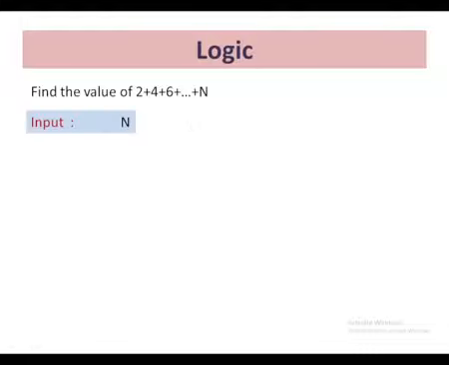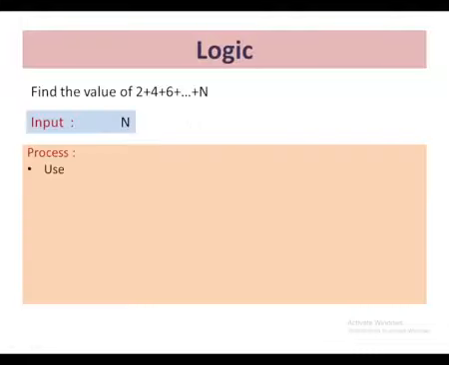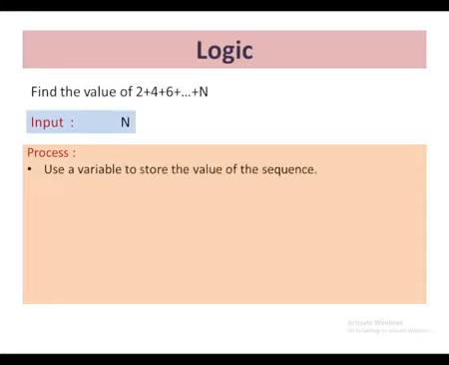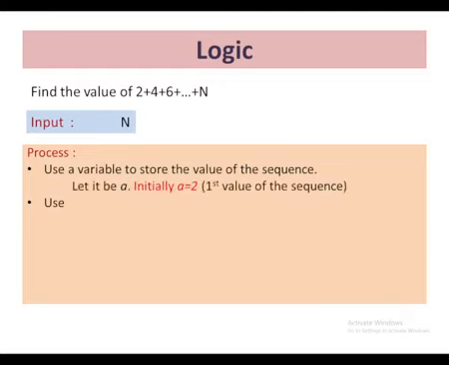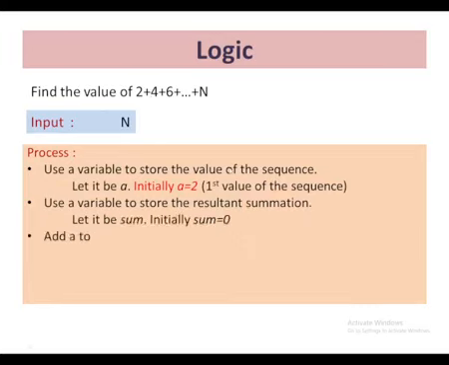So input is n. In the process, you use a variable to store the value in the sequence, and now I am initializing it to 2, because my first value is 2. Next I use the sum variable, and the rest of the things are the same as the previous one.